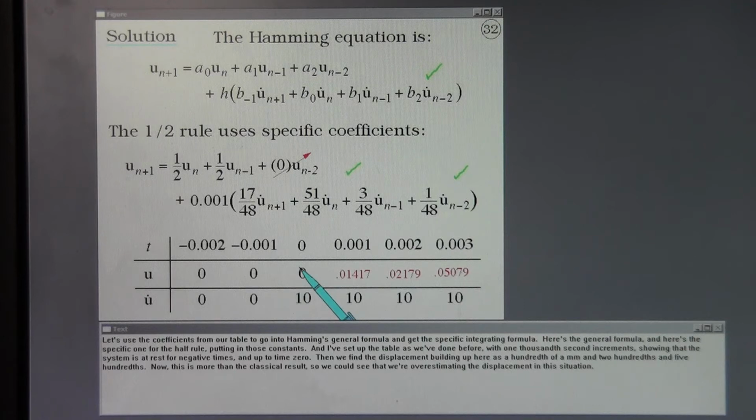Then we find the displacement building up here as 1/100th of a millimeter, 2/100ths and 5/100ths. Now, this is more than the classical result, so we can see that we're overestimating the displacement in this situation.